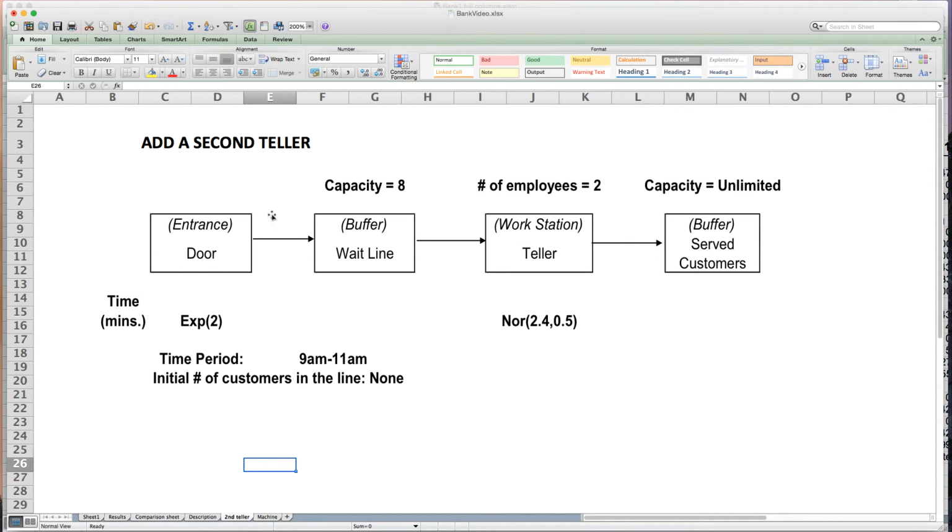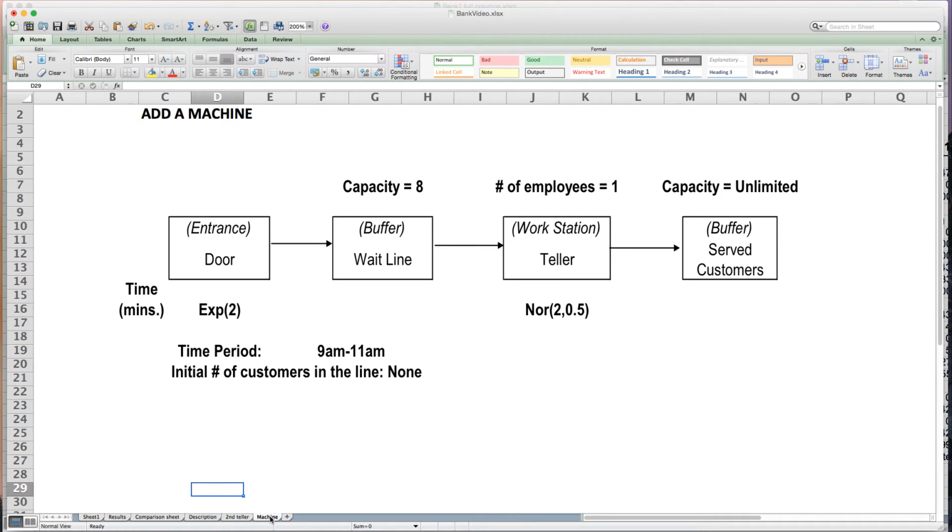So if I look at my new process flow map, it will mean instead of having 1 employee at my teller workstation, I'm going to have 2 employees or 2 workstations set up, 1 representing each teller. The second option that I'm going to look at is instead of having 2 employees, I'm going to buy a new machine. And with that new machine, the 1 teller, with the aid of a machine, is only going to spend 2 minutes processing each individual customer.